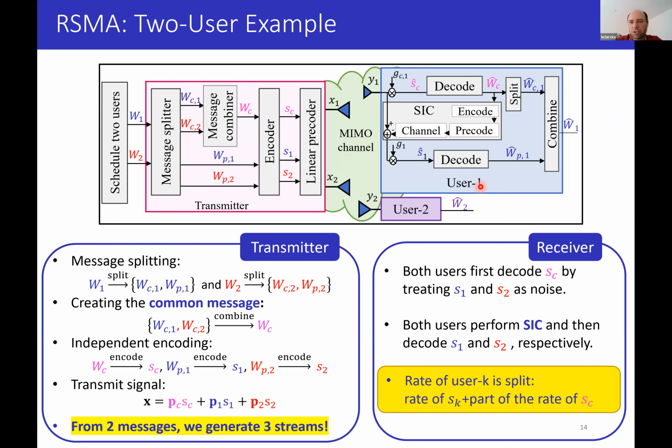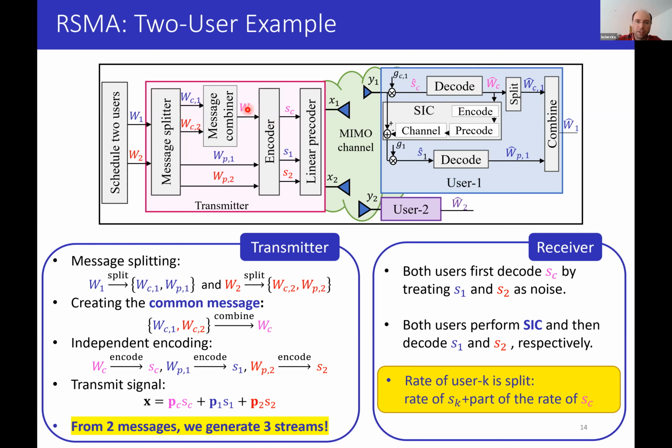Now, what do we do at the receiver? At the receiver, both receivers will first decode the common stream SC. And then we'll perform successive interference cancellation. So user 1 will decode SC, retrieve the message WC from SC, and retrieve from it the part that is intended for itself.